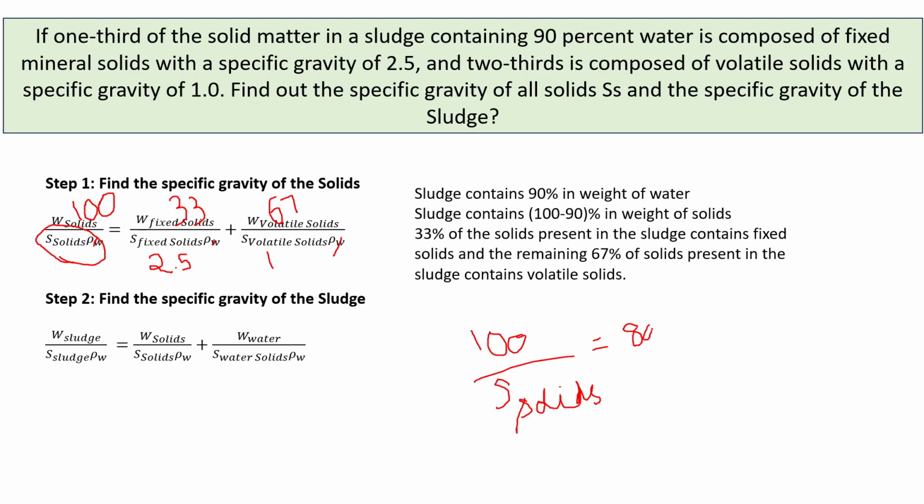So specific gravity of solids will go this side and 80.2 will come down. So now you tell me the answer. Yeah, it's 1.25. 1.24. Yeah, that was the answer I was also getting.